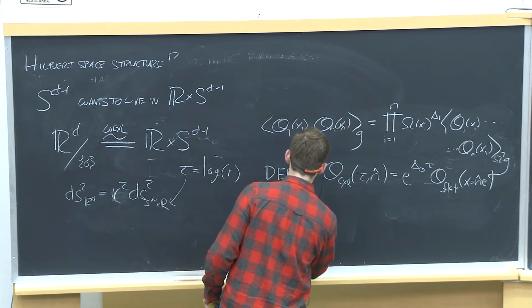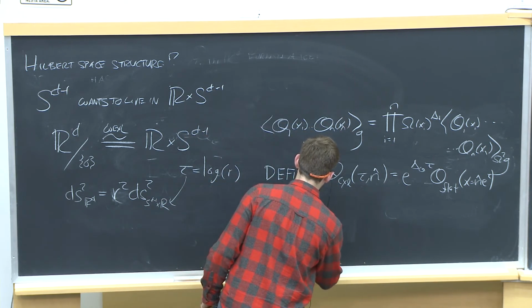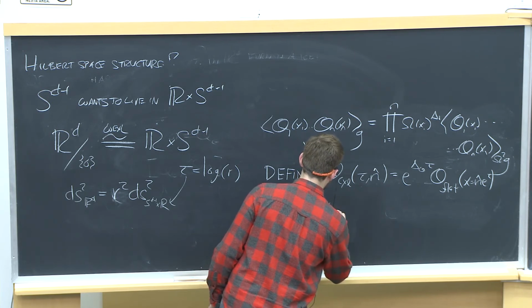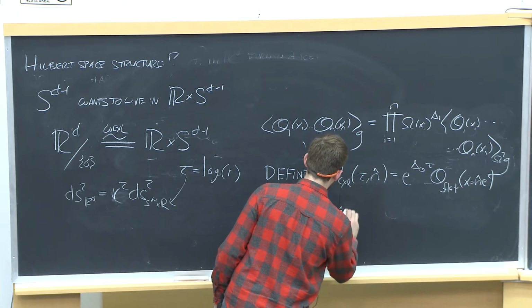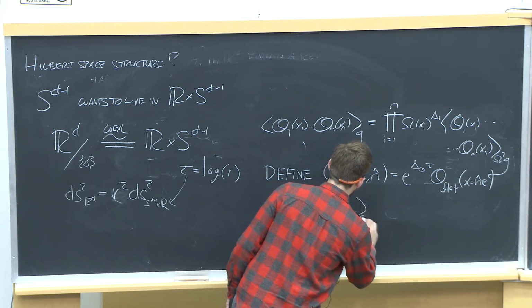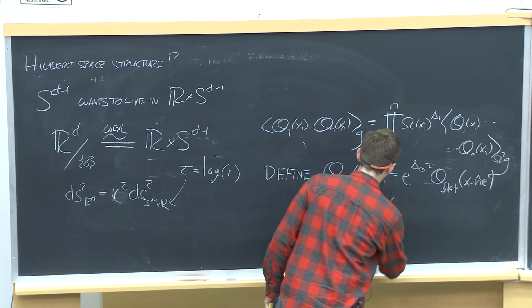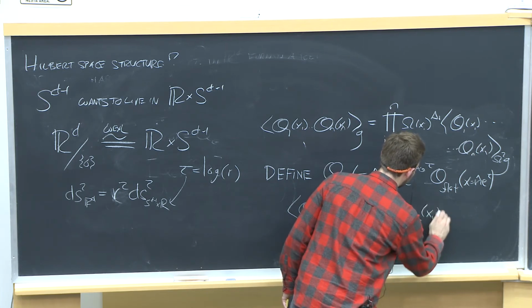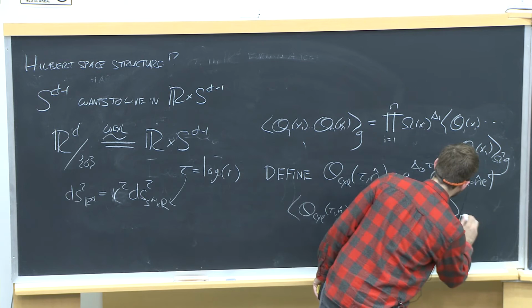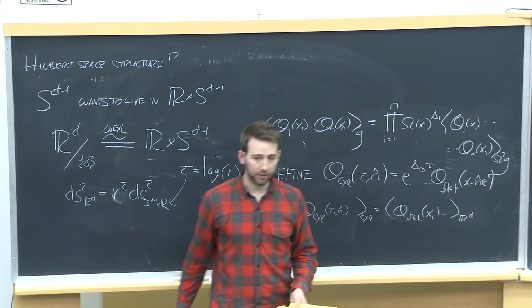So this tells me that the correlator of operators at tau 1 and so on, on the cylinder, is equal to O flat of x1 and so on, on R^D.